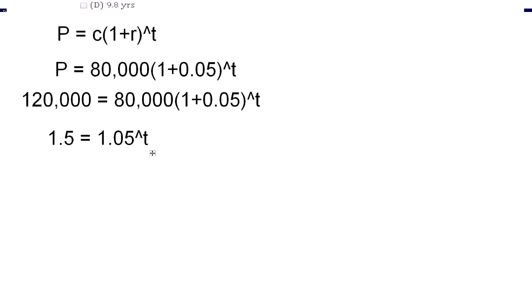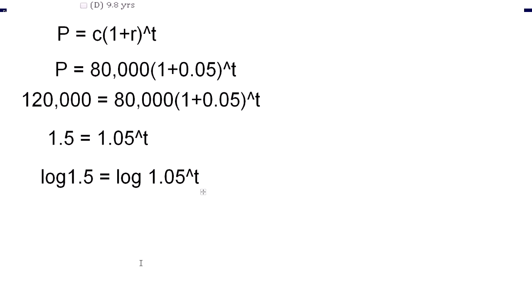Now on to the very interesting part. Now you want to go all log, so you add logs to both sides. Log 1.5 equals log 1.05 to the power of t.